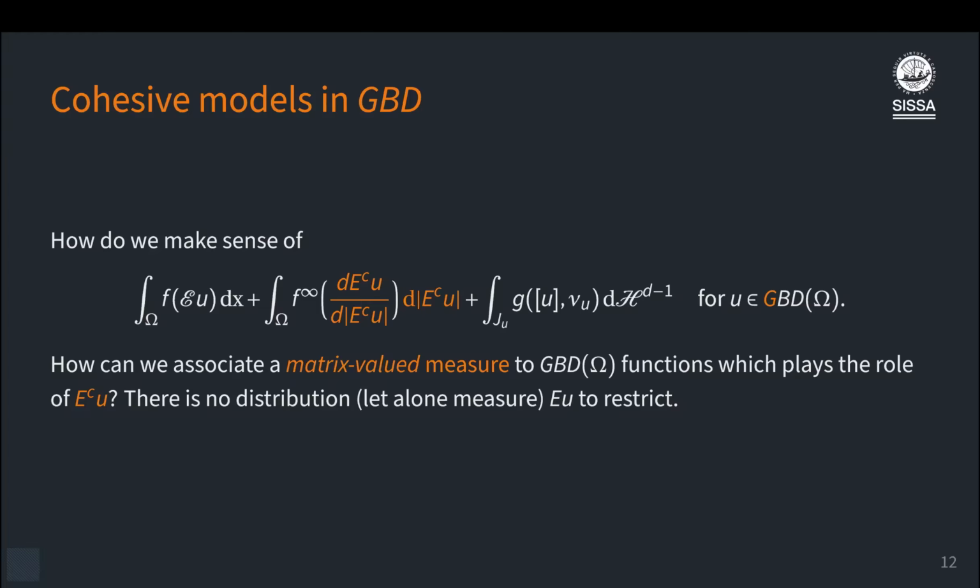And I don't even have a distributional derivative. So I want to stress that the definition of this measure is a priori non-trivial. And this is what we tried to deal with together with Gianni last year. So it was finding a canonical way, given a GBD function, to associate a Cantor measure, a Cantor part.